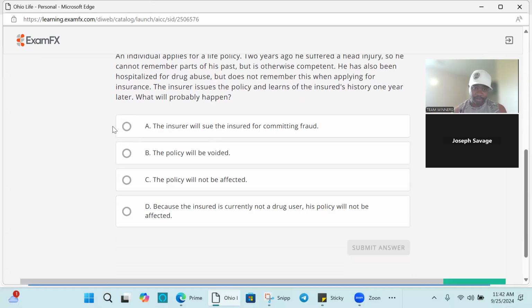What will probably happen? Because the insured is currently not a drug user, I think the policy will be voided, because he lied.